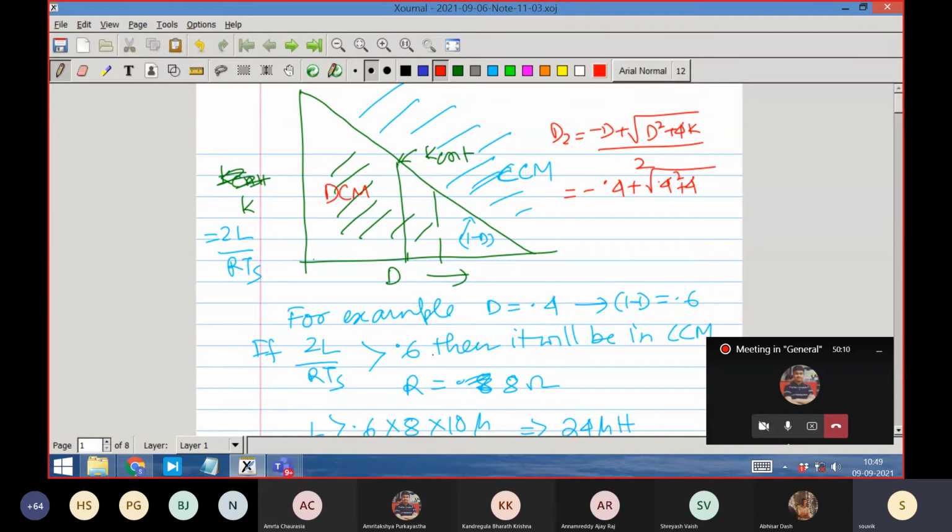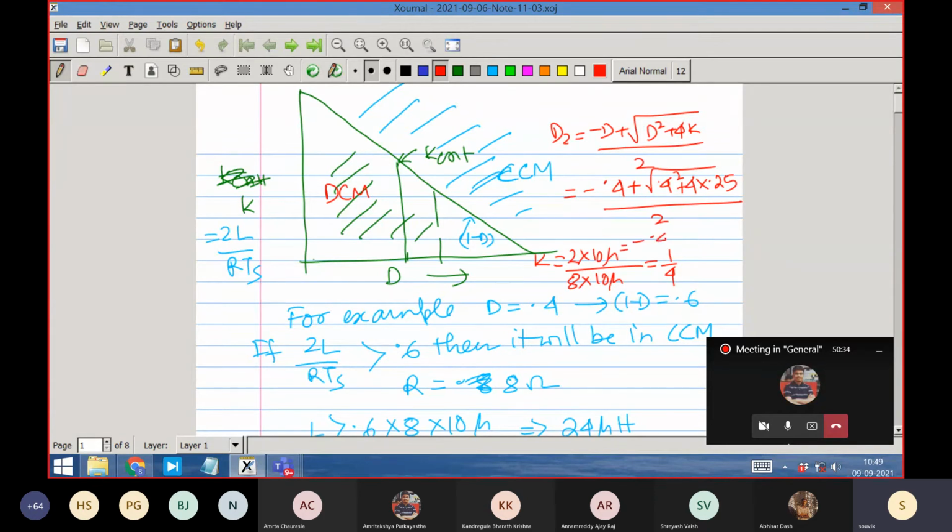How much was our k? K is equal to 2 into 10 micro by R TS. R is 8 ohm into TS. TS is also 10 micro. So it is equal to 1 by 4, so it is 0.25.